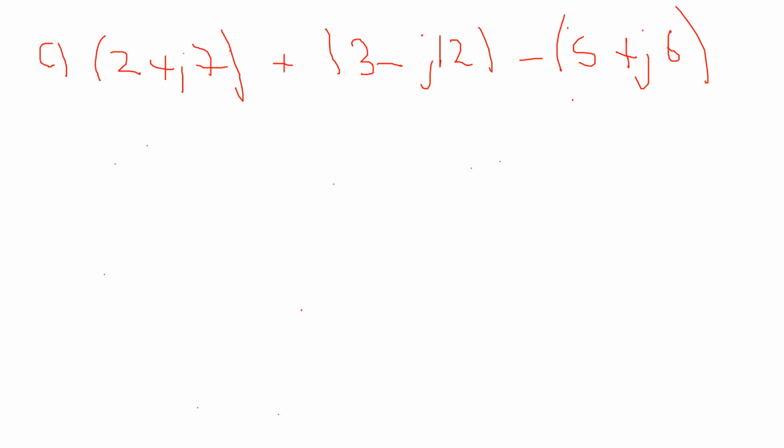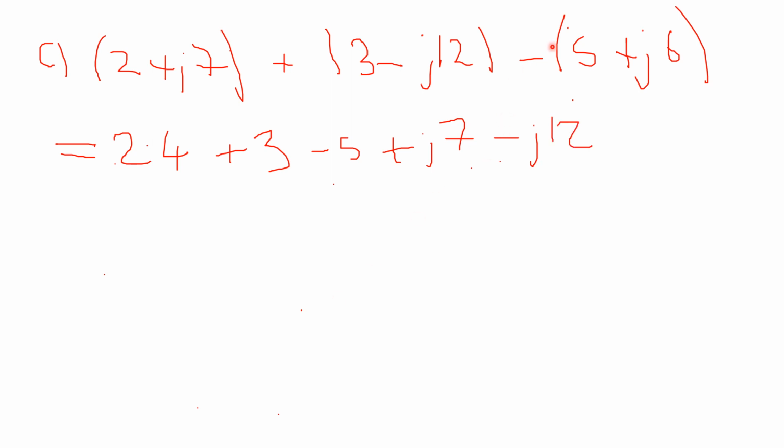So I can simply say here we're going to have 2 plus 3 as the real part, and then here is going to be negative. Just be careful here. This negative will multiply with the negative 5 here, and it will also be multiplying with that one. So you must be careful of the sign here. And then for the imaginary part, it's going to be plus j7 minus j12, and remember, I said that because of this negative sign, this is going to be minus j6.